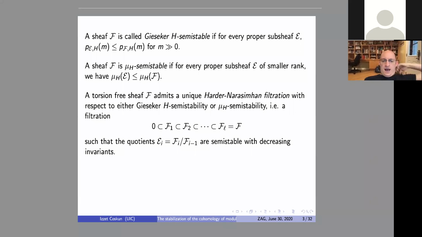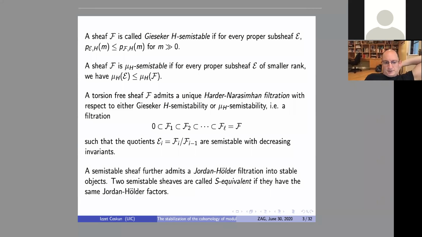Okay? And, as usual, this allows you to decompose every sheaf into semi-stable parts in that there is a Harder-Narasimhan filtration. So if you have any sheaf like this, there's some filtration such that the quotients are semi-stable with decreasing invariants.